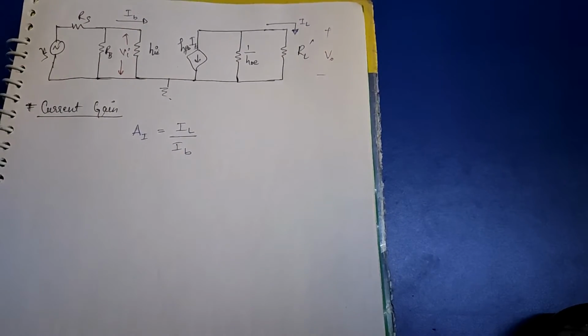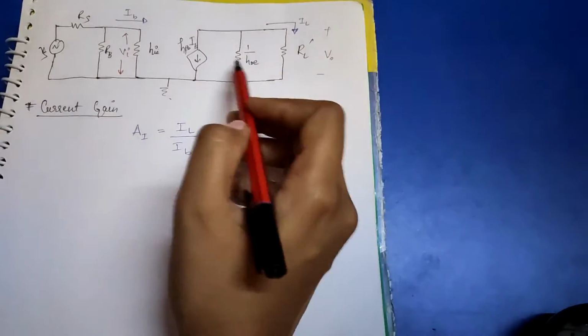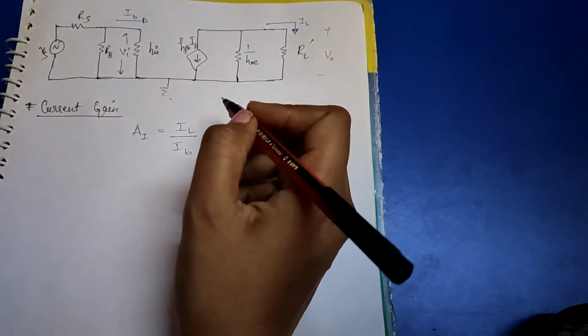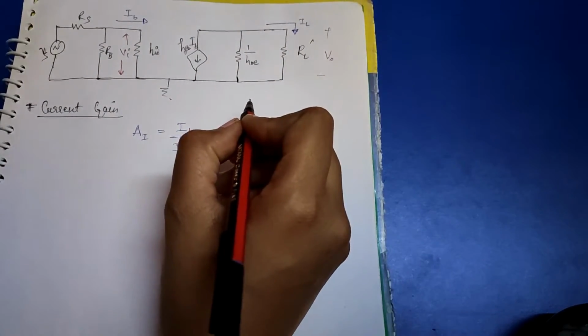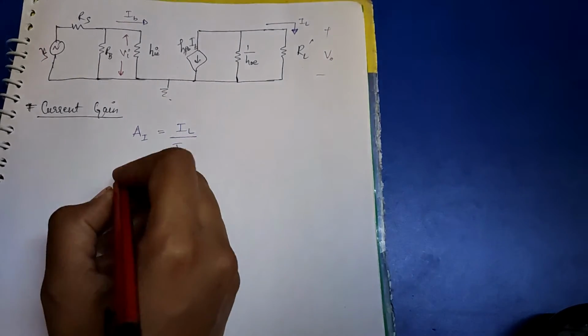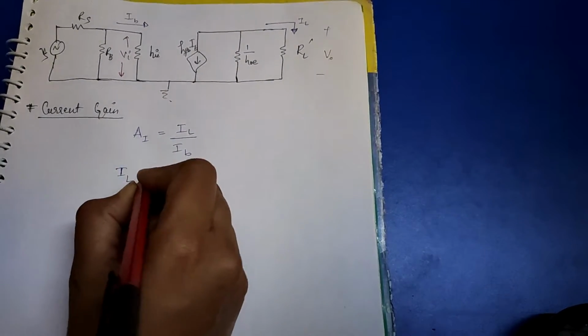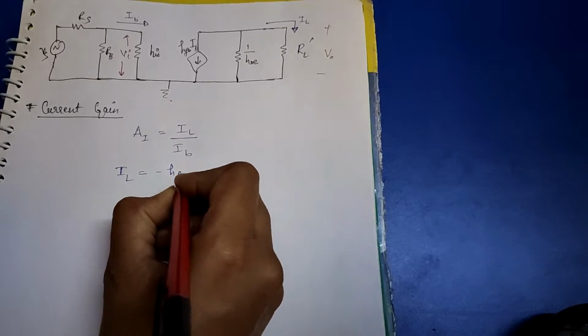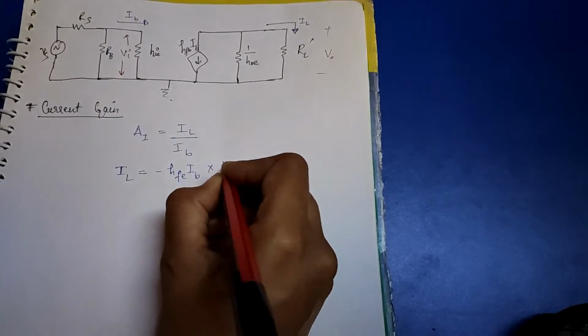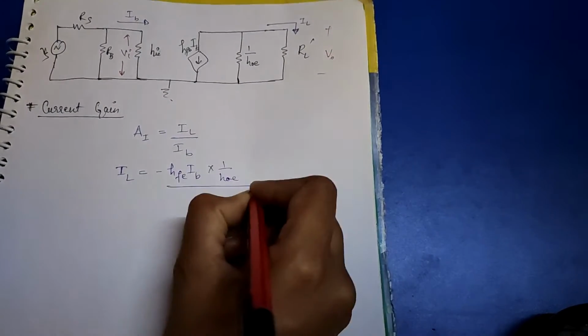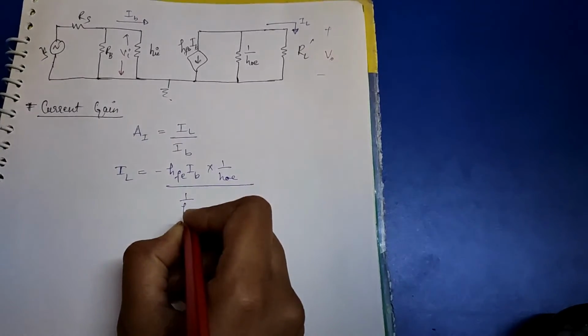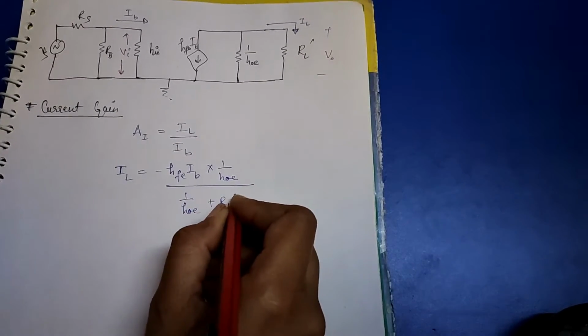Now applying the current divider at the output circuit. Guys, this is similar to what we have done in the exact analysis, okay? So let me just do it very fast for you. IL is minus hfe IB into (1/hoe) upon (1/hoe plus RL dash).